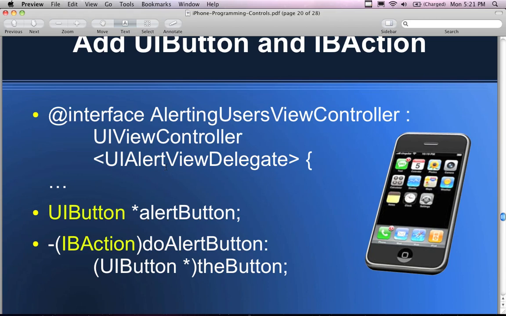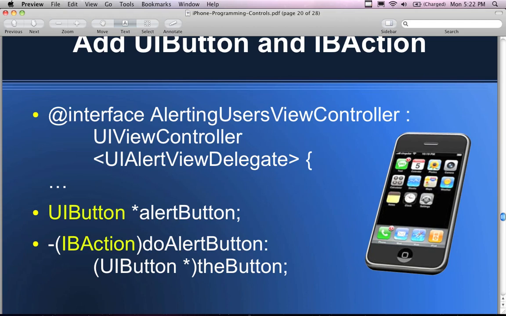So to add the IBButton and the IBAction in the @interface, AlertingUserViewController, if we were using the same application demo as in the previous example with the label, we could add to the UIViewController this UIAlertViewDelegate, the IBButton. That's going to be an alert button. It's going to be the name of it.